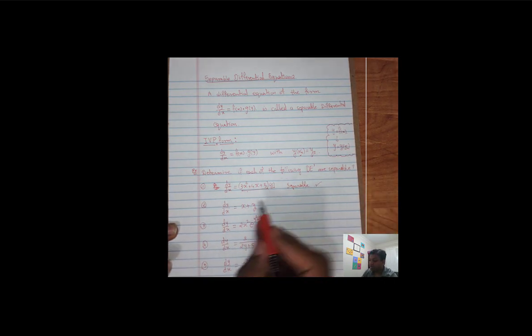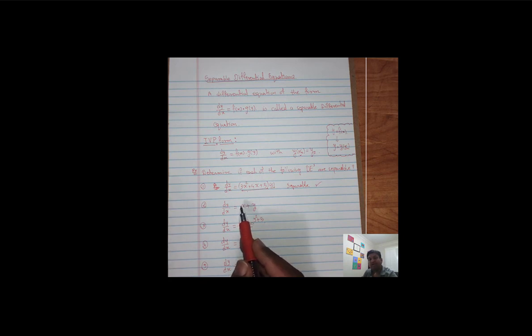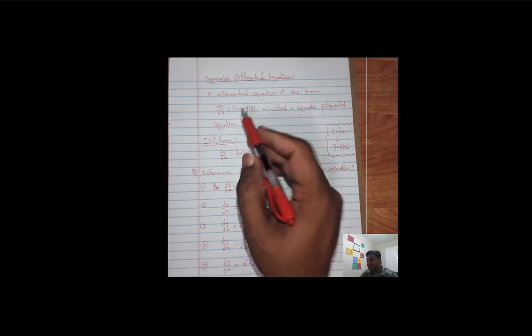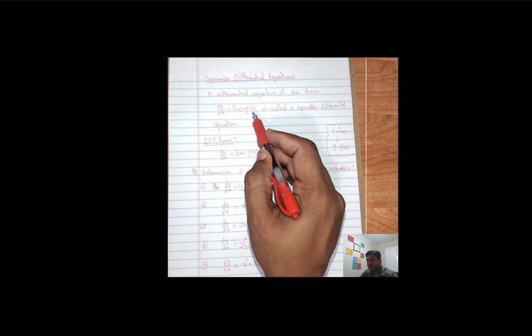For the second example, as you see, I have the right side function as x plus y. There is no way that I can convert this right hand side into two factors where one factor is purely dependent on variable x and the other factor is purely dependent on variable y.